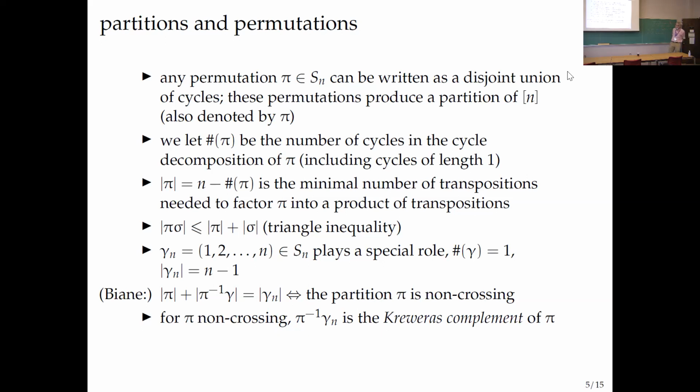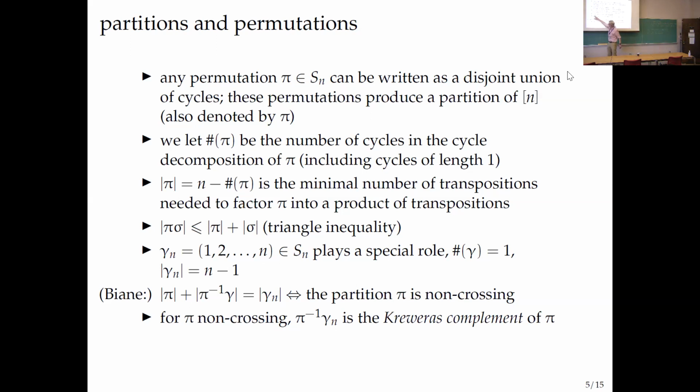Okay. So we let this sharp sign be the number of cycles in the cycle decomposition, including cycles of length 1. What we call the length is n minus the number of cycles, and that's the minimal number of transpositions you need to write the permutation as a product of transpositions.